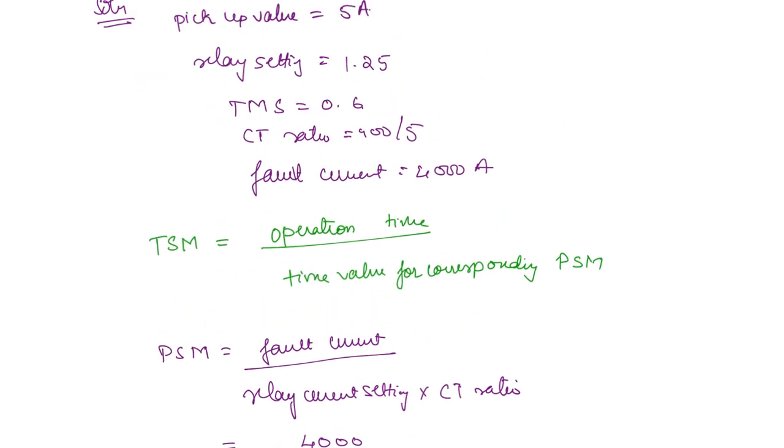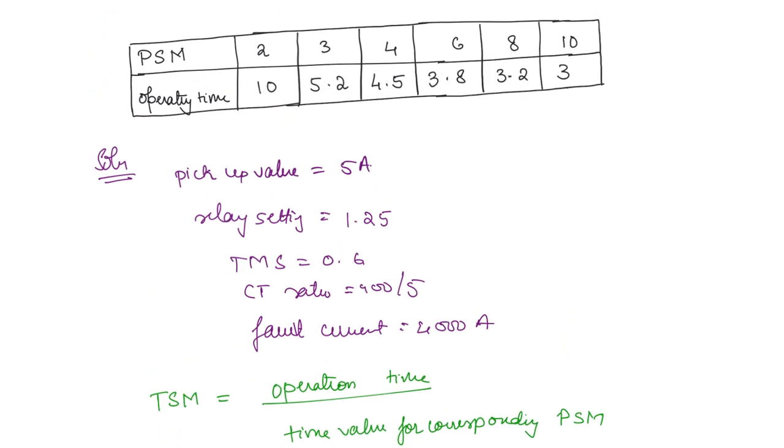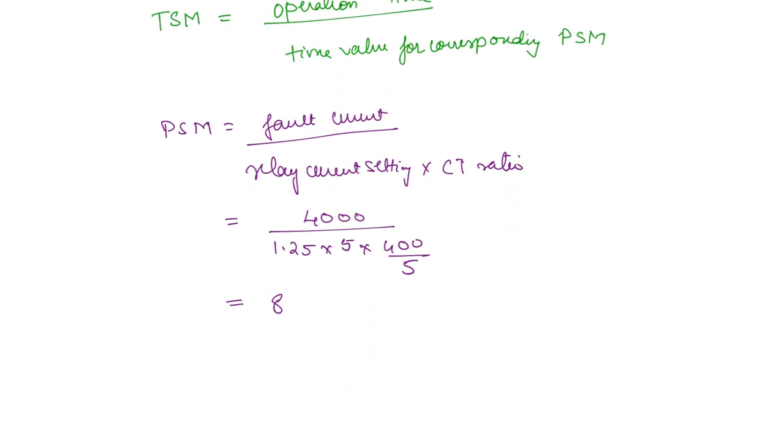For this PSM value, here you have PSM 8, and the operating time is 3.2. We have to substitute that in this formula.